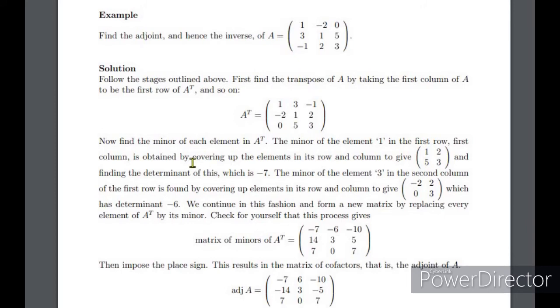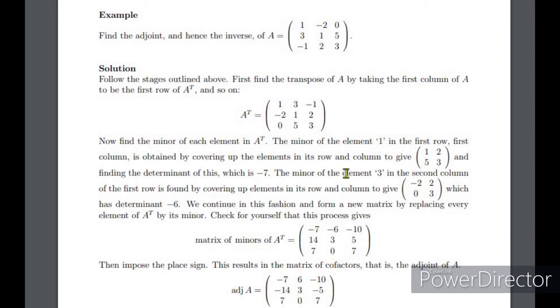After finding the transpose, we will now find the minor of each element in the transpose matrix. The minor of the element 1, the first element in the first row and first column, is obtained by covering up the elements in its row and column.